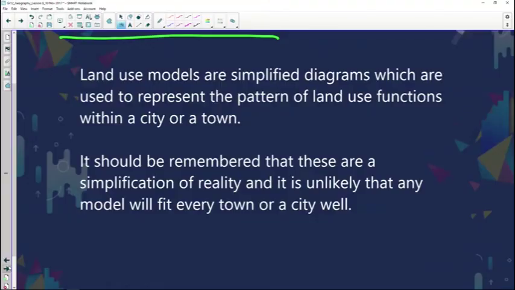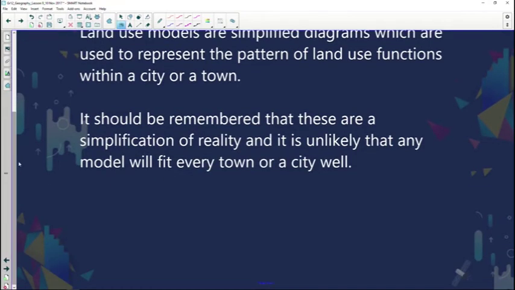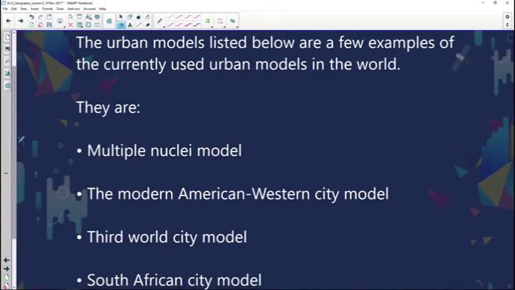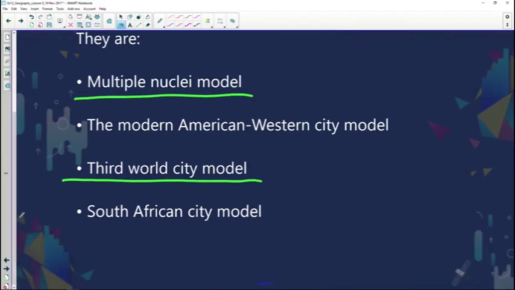Now, this is just a simplification, just to show you the basis of how towns and cities were developed according to land use zones. The land use models we're going to have a look at are the multiple nuclear model, the modern American Western city model, which doesn't actually apply to us, third world city models, that's for instance South America and most of Africa, and we're going to look at the South African city model. That's quite unique because we're coming from an apartheid era and our cities were developed according to the apartheid laws.